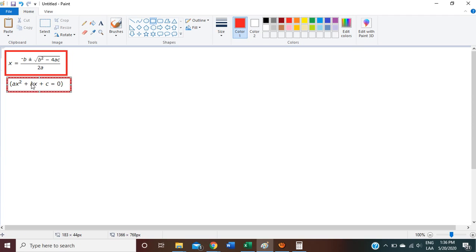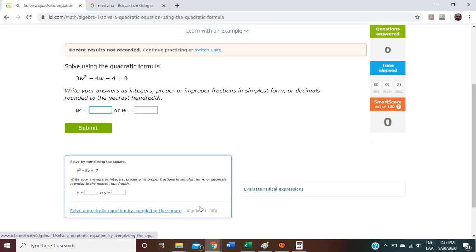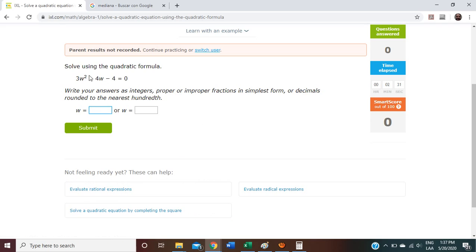And the next one is the letter C. It's just a constant.